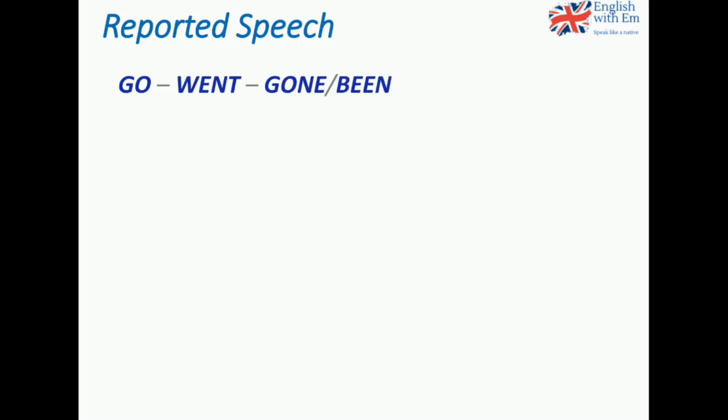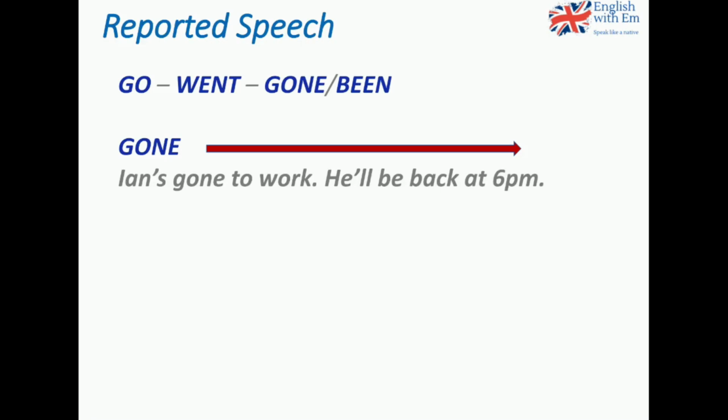Now there is a difference. With gone, you go somewhere. Ian's gone to work. He'll be back at 6 p.m. He's still at work now. Okay, so when we use gone, somebody has gone somewhere and they are still in that place. They have not come back.